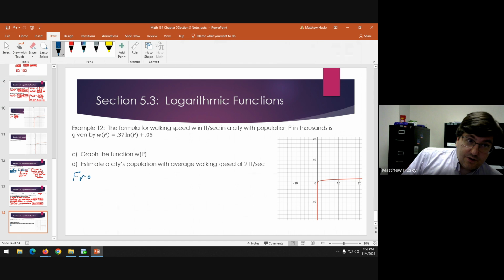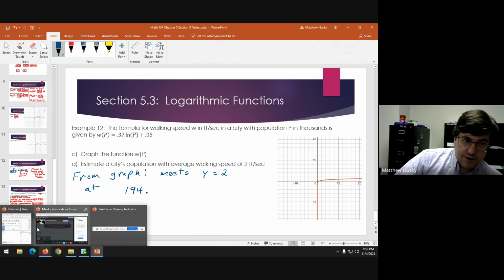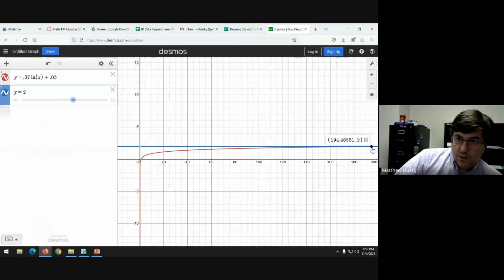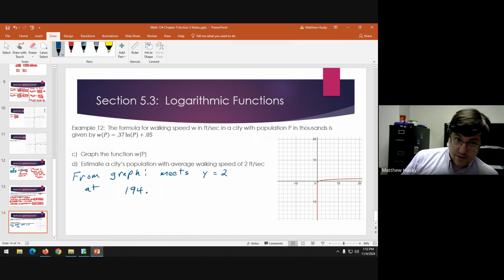So from the graph, it meets y equals 2 at 194.46851.